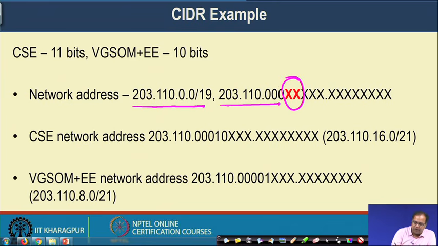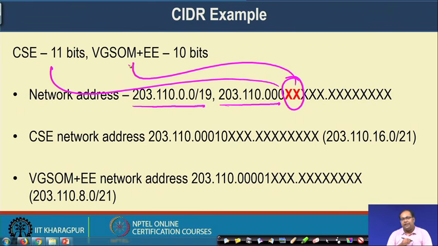One subnet is for CSE, another subnet is for VGSOM plus E. So, let us use 10 to denote the CSE network, in the place of these 2 bits. If I use 10 here, then I have 8 plus 3, 11 bits available to address all the hosts in the CSE network.